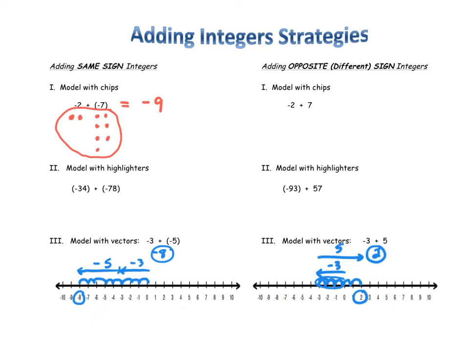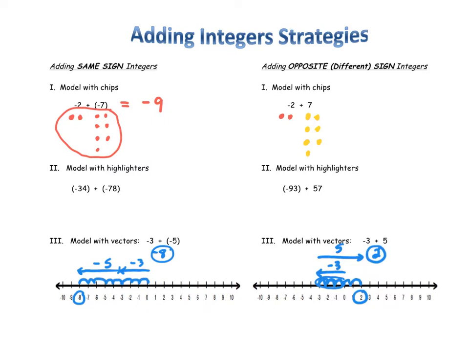If we go over to our next example, these are different signs. I have a negative and I have a positive. So I'm going to start the same way by modeling my -2 using my red chips. But this time, the 7 is positive, so I'm going to use the color yellow. And again, if you wanted to use your highlighter, that's awesome. Now with this model, I do have opposite signs.